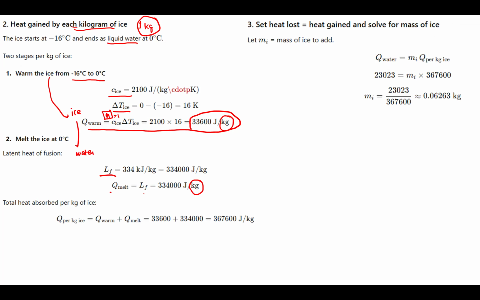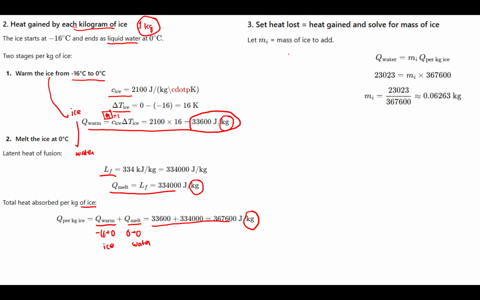So the total heat absorbed per kilogram of ice is that you let the ice warm from -16 to 0 degrees C, and then you melt the ice at 0 degrees into 0 degree water. This is what we get per kilogram, okay?